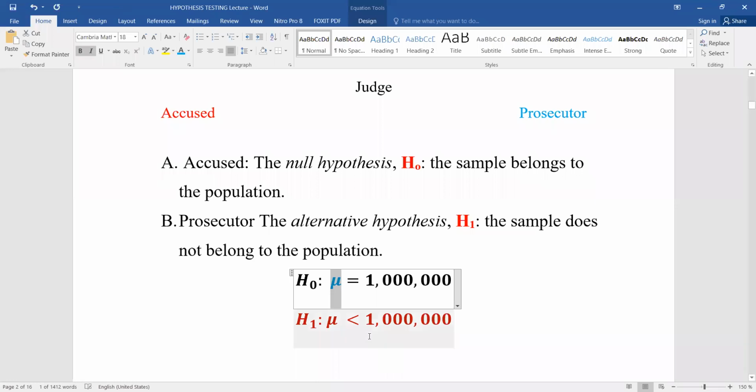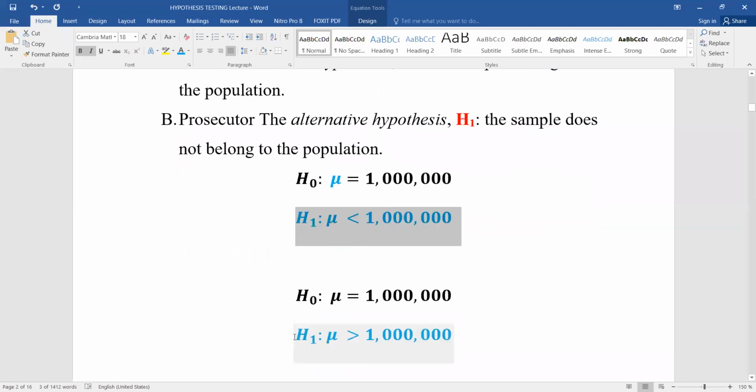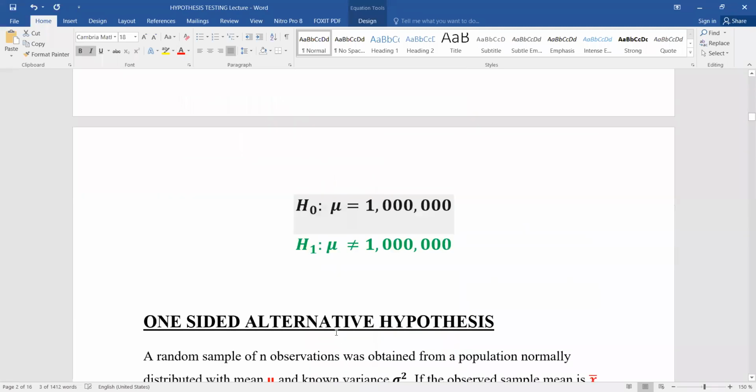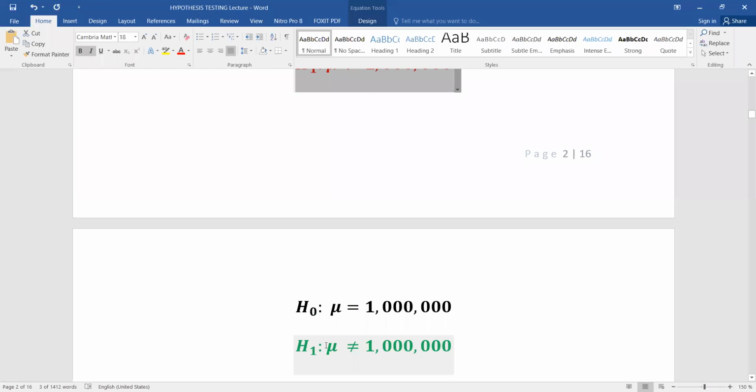We're going to be working with three scenarios. The first alternative: mu is less than. The second scenario: mu is greater than. Then a scenario where mu is not equal to, neither less than nor greater than.